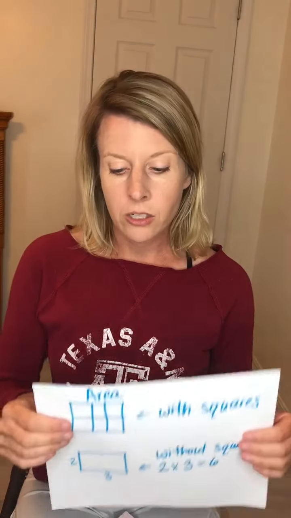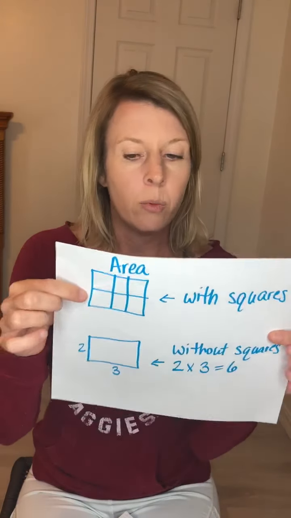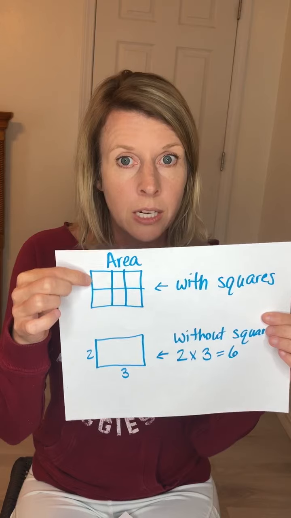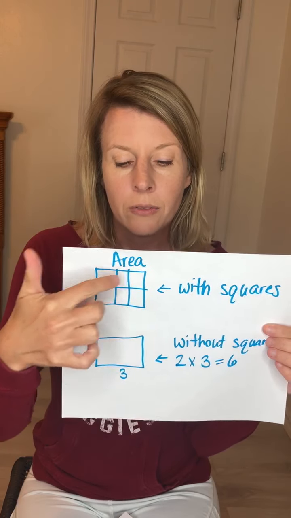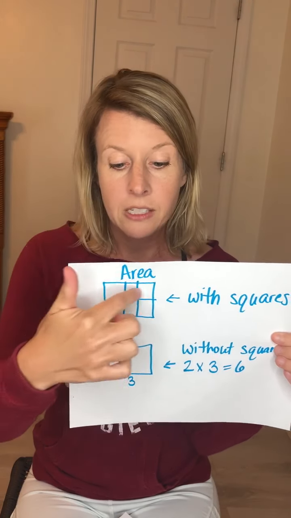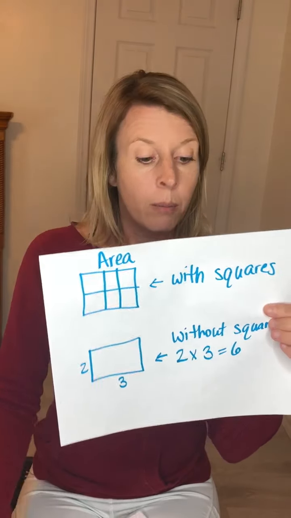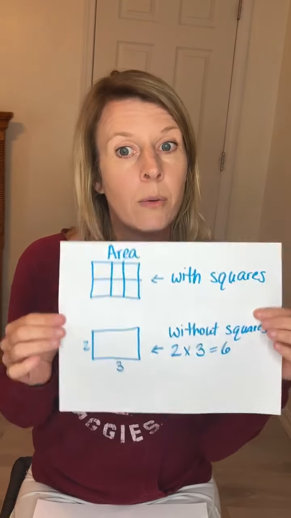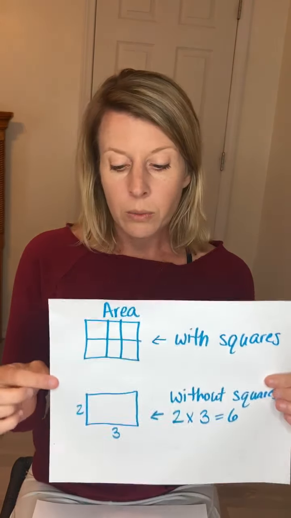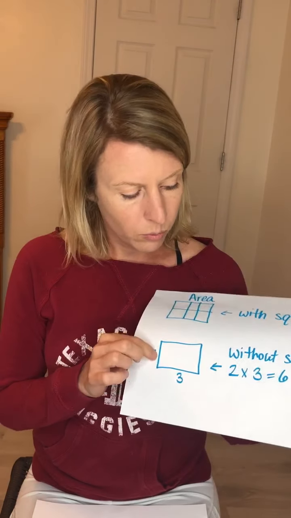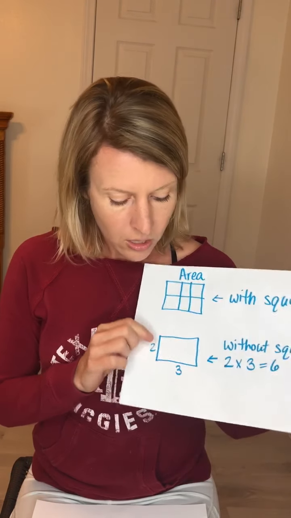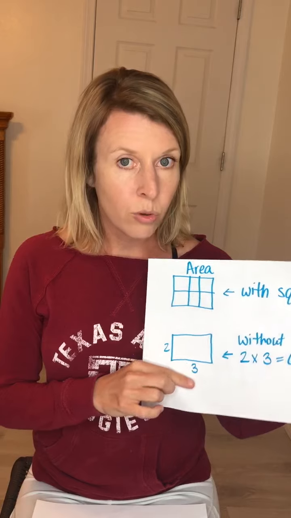When we were finding area at the beginning of the year, and yesterday when you did your practice, you did area with squares. You did counting, you could just count the squares to find out the area because it's the inside of the shape. But we also know that we can multiply. When we multiply, we just need the 2 sides. 2 times 3.